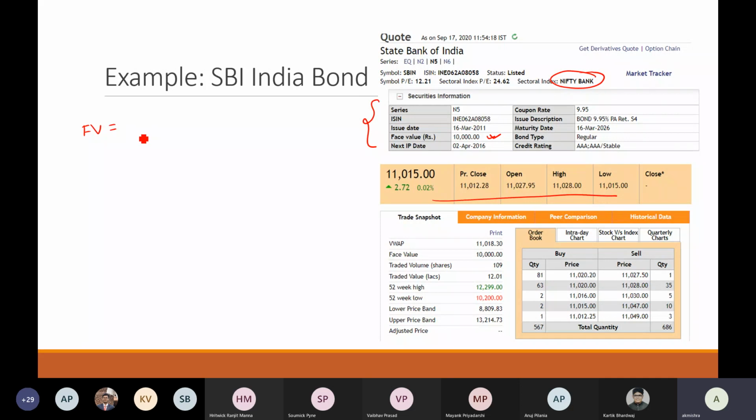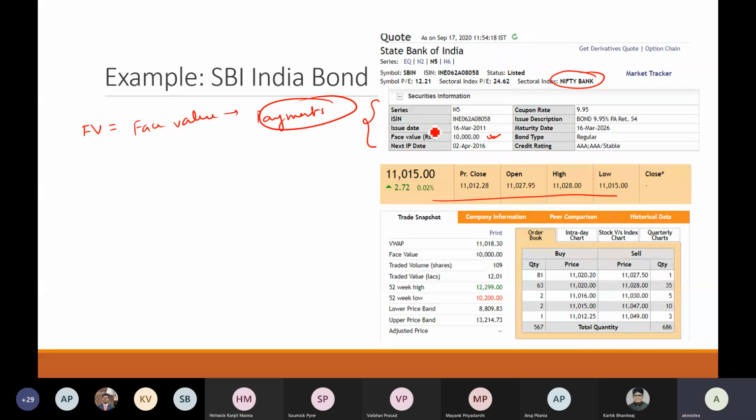This is basically just a nominal value, or some kind of value we put whenever bonds are issued. We call it face value, and this is used whenever certain payments are involved. So we will see what kind of payment we are talking about.